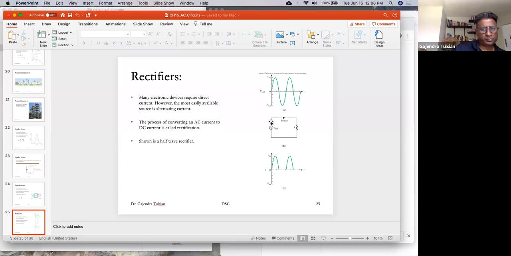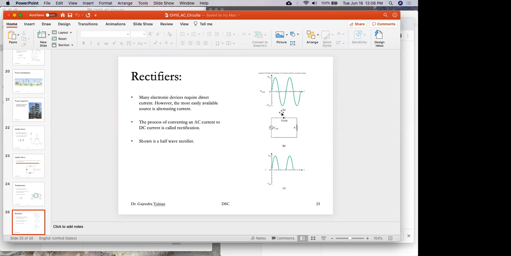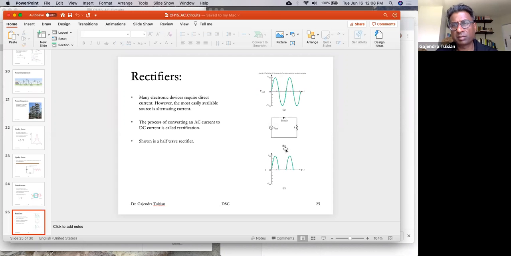Okay, so the diode lets current pass only when the voltage on this end is positive. So all the positive cycles, it lets the current pass. But you have lost half the energy. With just a single diode, all you get is these positive peaks. And this is called a half-wave rectifier.